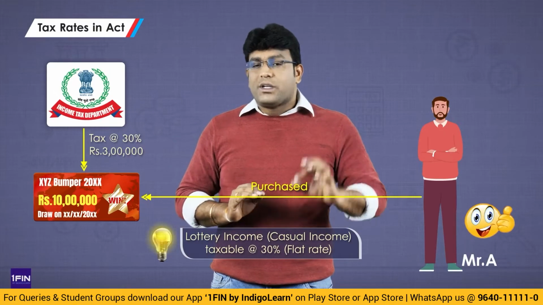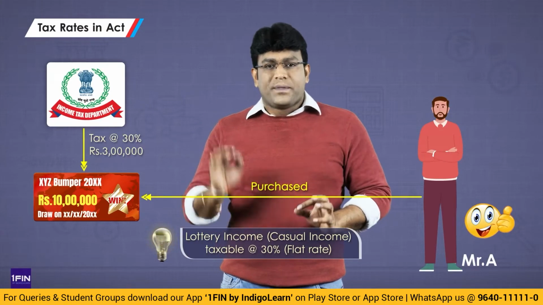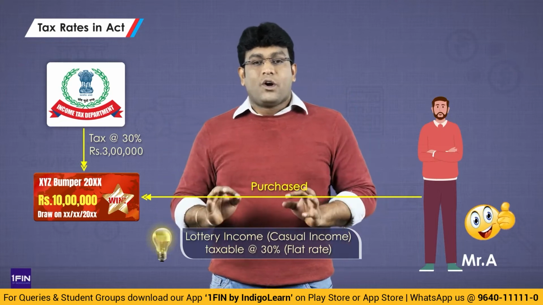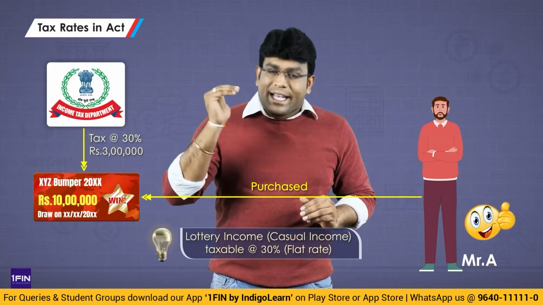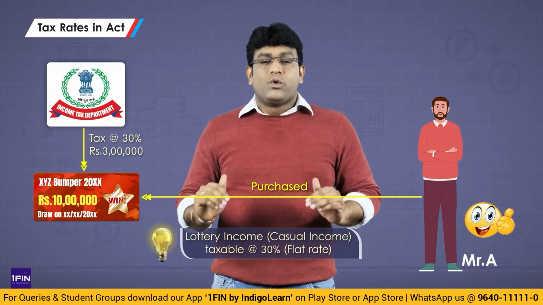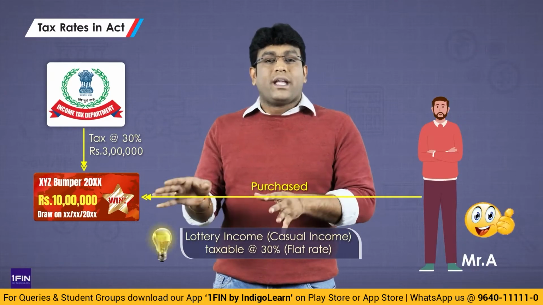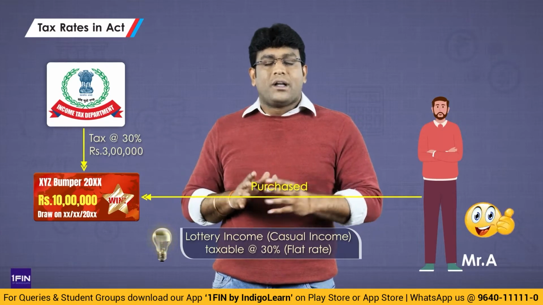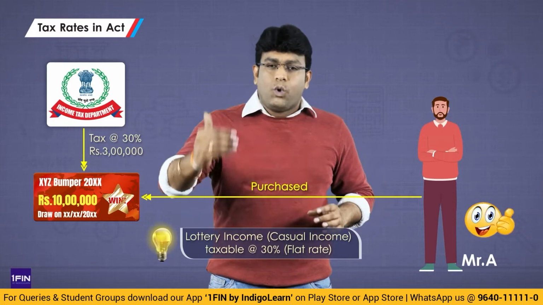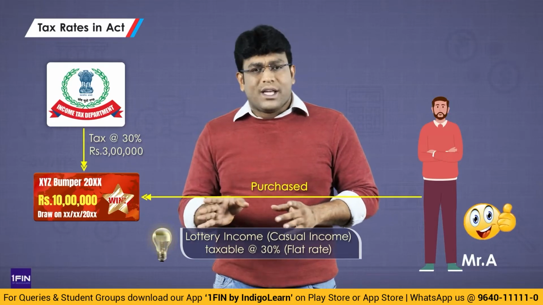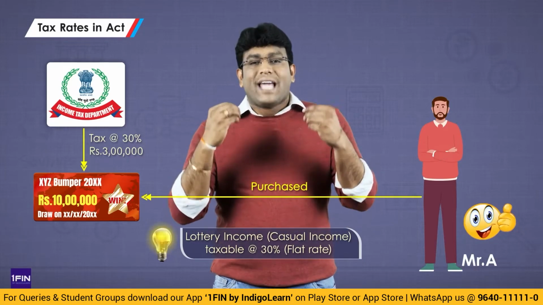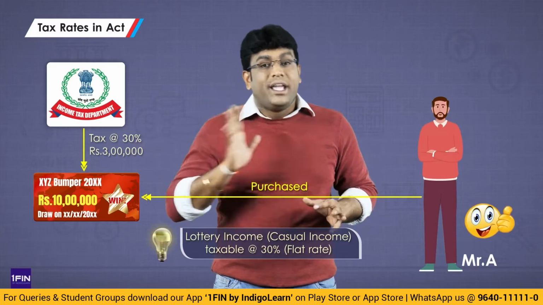You might get one doubt, sir, why did you say flat rate? The reason I am saying flat rate is because from that lottery income, we cannot reduce any expenditures, we cannot reduce any losses. You cannot say 10 lakhs is the lottery income I got, but to buy the lottery ticket, to go there and come back, I incurred a cost of 1 lakh. You can't reduce that. Law is telling you to please pay tax directly on 10 lakhs only.